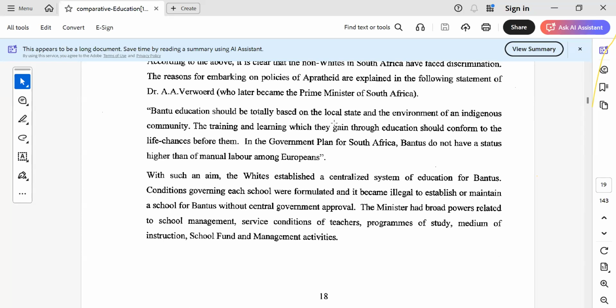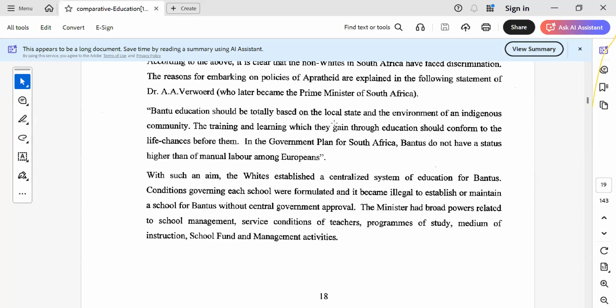In the government plan for South Africa, Bantus do not have a status higher than manual labor among Europeans. So the indigenous people of South Africa can be manual laborers only, not more than that.